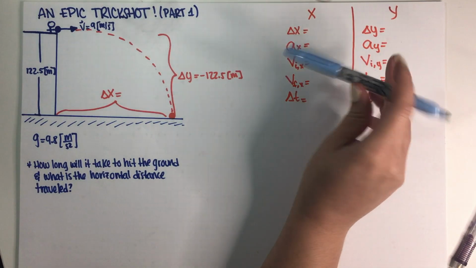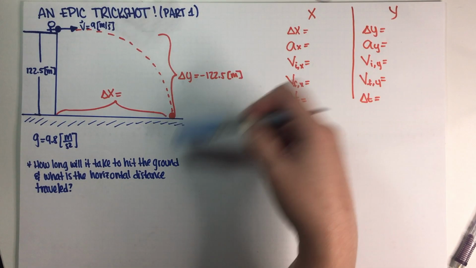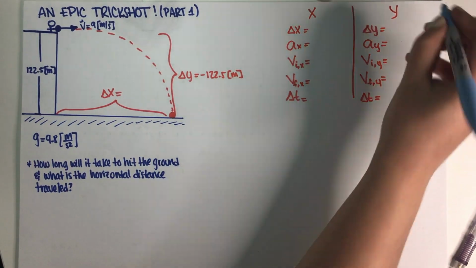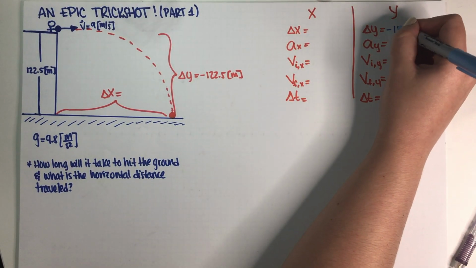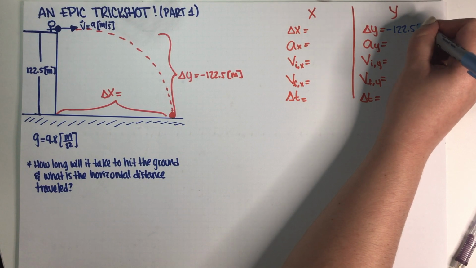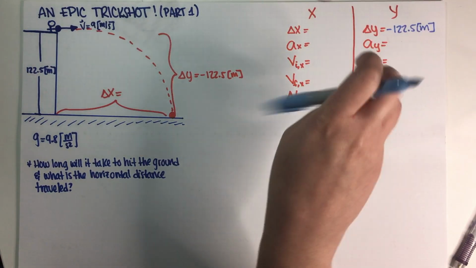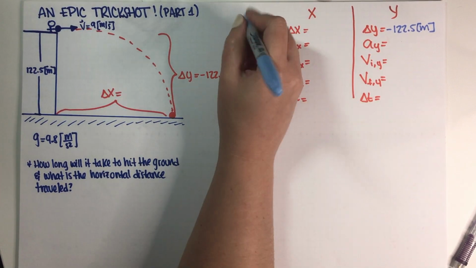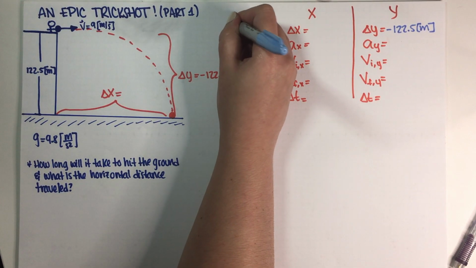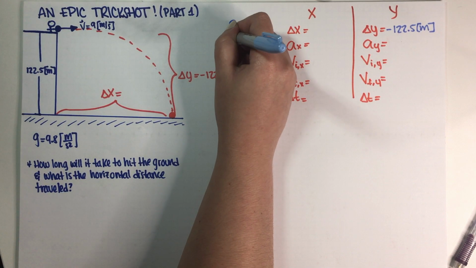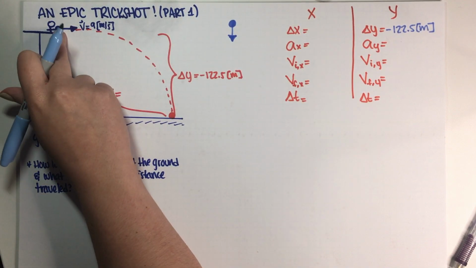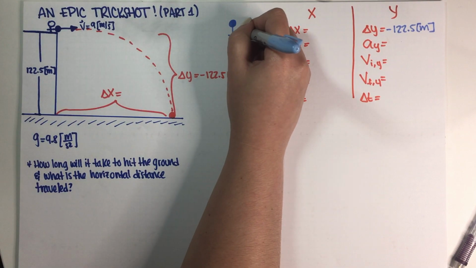So obviously we don't know the travel distance of x, we're trying to figure that out. But we do know delta y, which is negative 122.5 meters. We do know both of the accelerations because if I draw a force diagram, the only force that is affecting this ball once it leaves Tyler's hand is force by gravity, right?